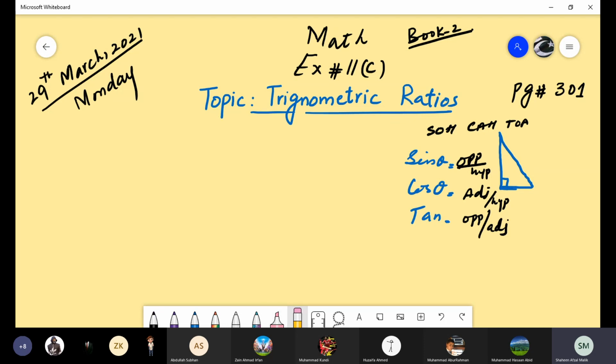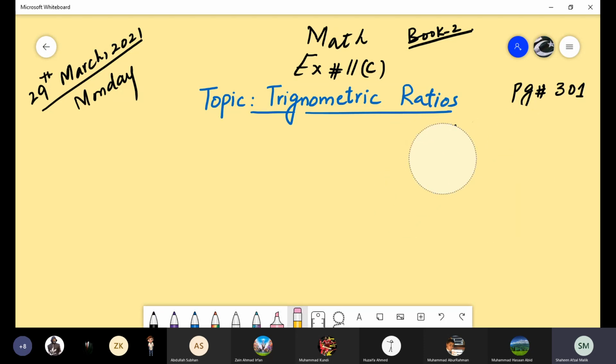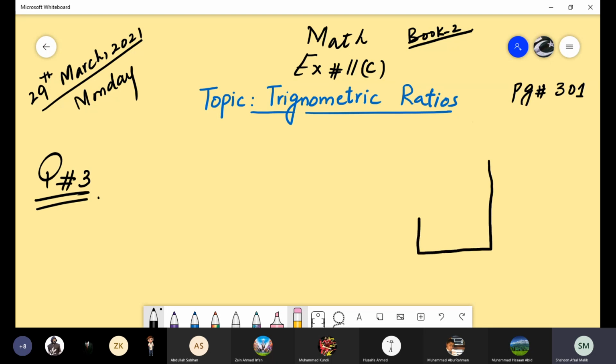So let's start. Can I erase all these things because you know all the stuff? And now move to question number 3. If you look at the question number 3, the figure shows a quadrilateral. Quadrilateral means it has 4 sides. Just wait, I will draw according to scale.